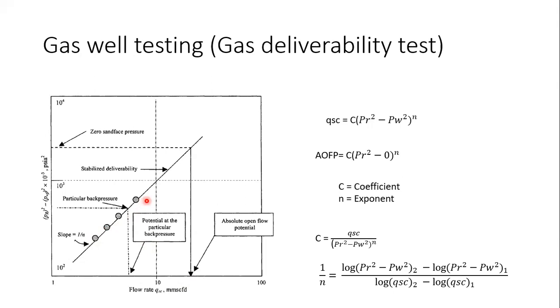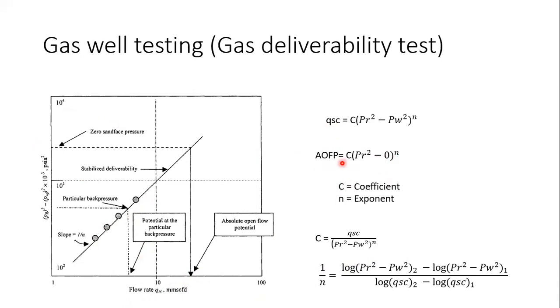This will be done by graph, but there is another way to estimate AOFP. This is the formula: AOFP is equal to C, which is the coefficient, into (PR square minus PW square) whole power n. The condition for AOFP is PW should be equal to 0.